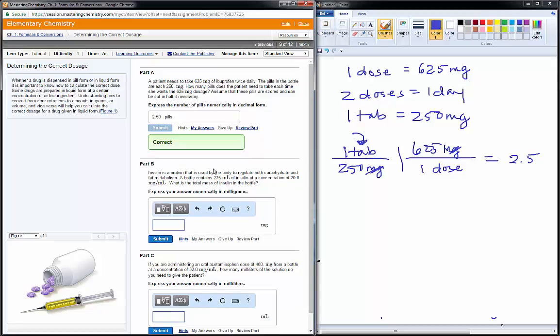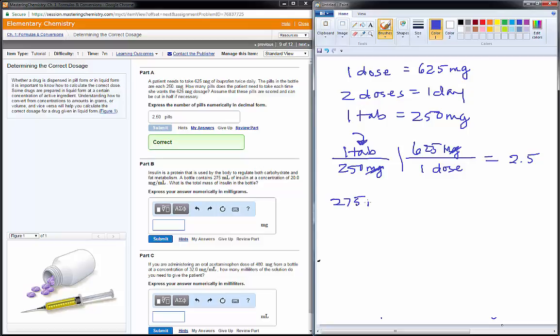Next, insulin. We've got a bottle, 275 milliliters of insulin, and we've got a concentration of 20 milligrams of insulin in every 1 milliliter. And they want to know the total mass of insulin in the bottle. So I'm going to start here because I find it really easy to start with the units that they want and then eliminate everything else away.